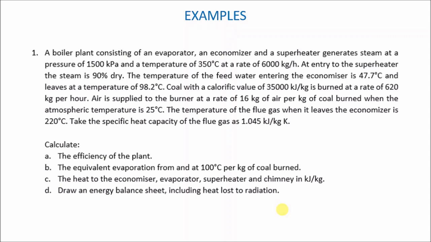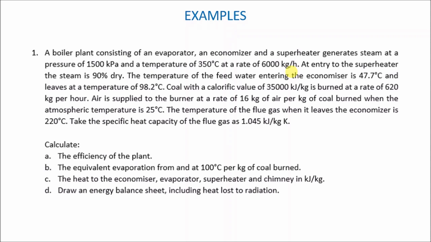So P3 is 1500 kilopascals, and this is also equal to P4. And then you are told that it is coming out at a rate of 600 kilograms per hour. So this steam plant is producing 600 kilograms of steam per hour, and that number is actually MS, the mass of steam.